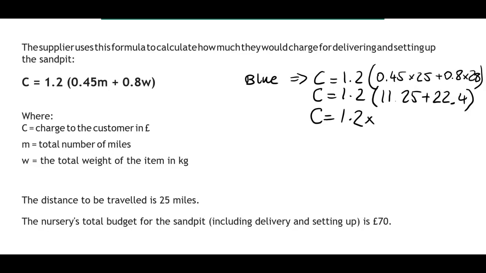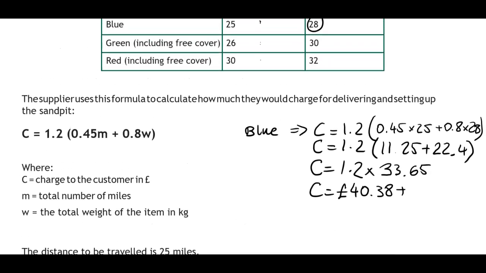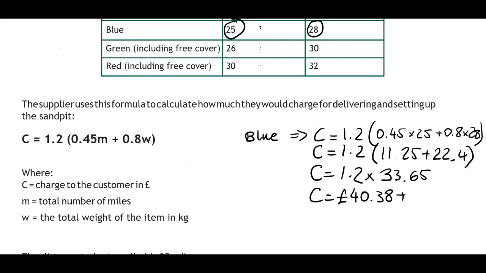So 1.2 times 33.65, which is £40 and 38 pence. Add to this the cost, which is £25. So this is £65 and 38 pence.